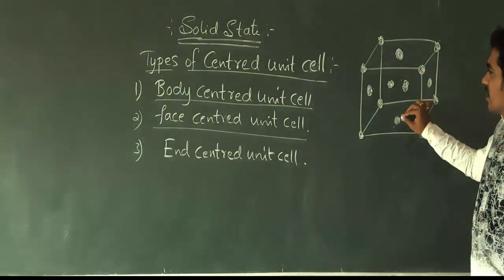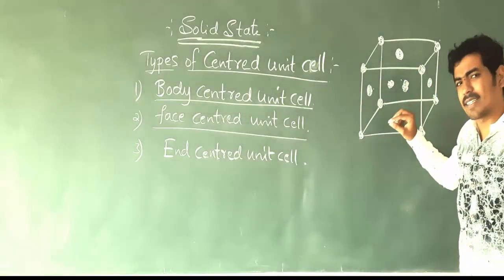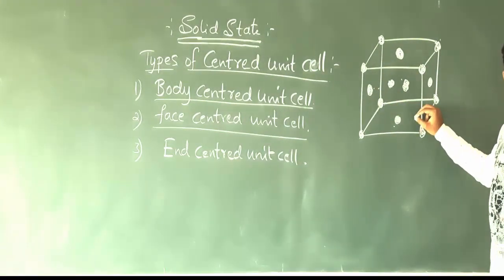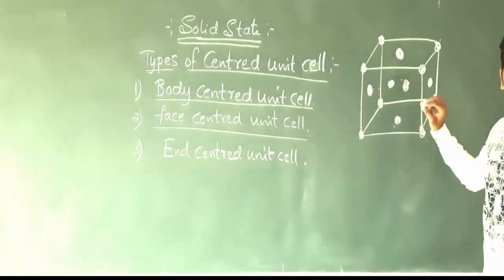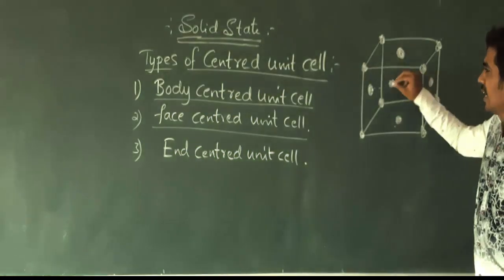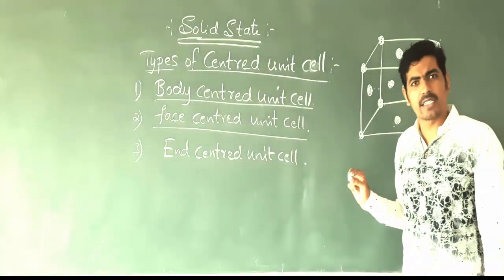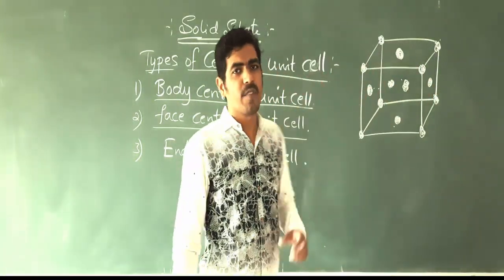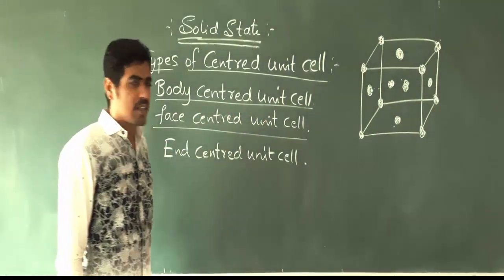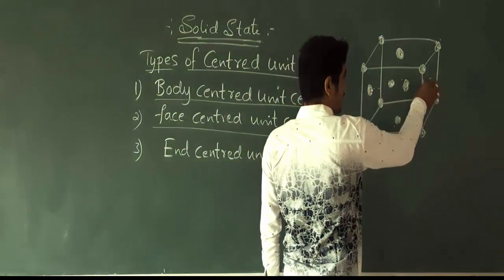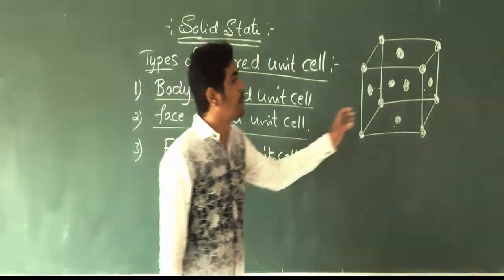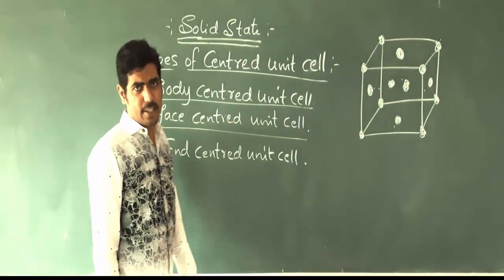In this manner, the particles are present at the 6 faces of the cubic unit cell. So when the particles are present at the corners as well as at the center of each face, then such a type of unit cell is said to be a face centered unit cell. There are totally 6 faces, and at the center of each face the particles will be present.